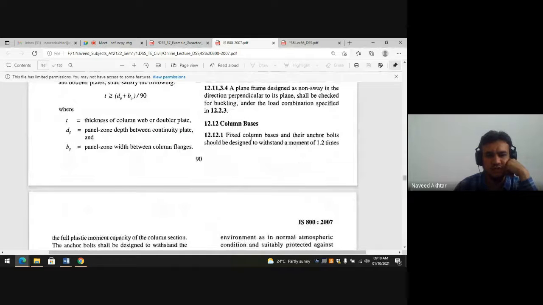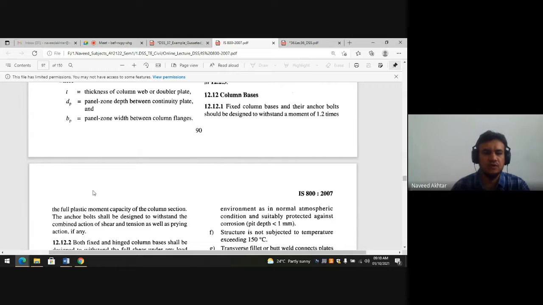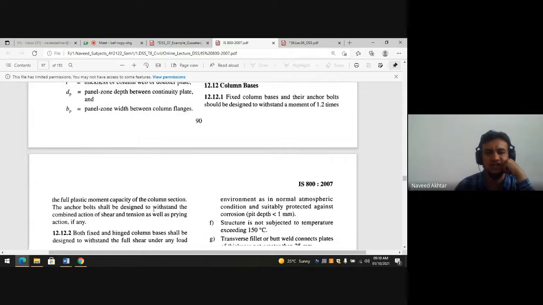For column bases, 12.12 column bases, in that 12.12.1: fixed column bases and their anchor bolts should be designed to withstand a moment of 1.2 times the full plastic moment capacity of the column. So you have to find out the plastic moment capacity of the column, multiply it by 1.2, and for that you have to design the anchor bolts.